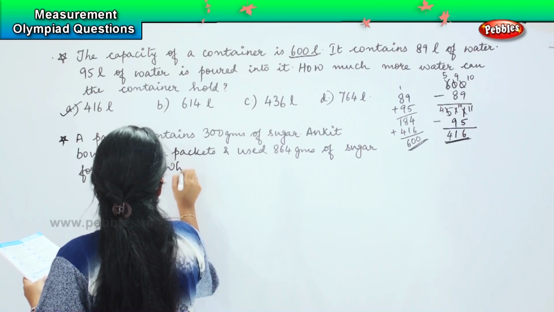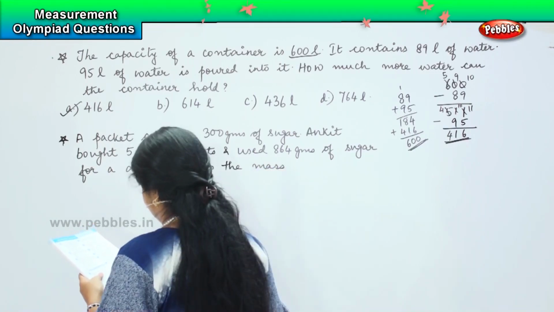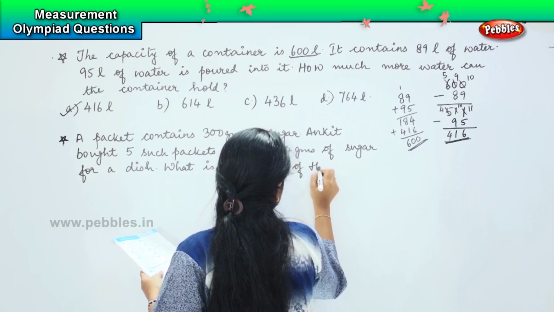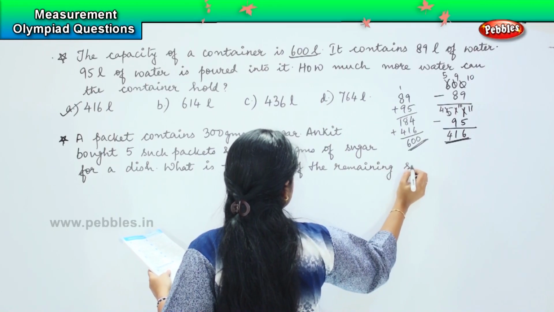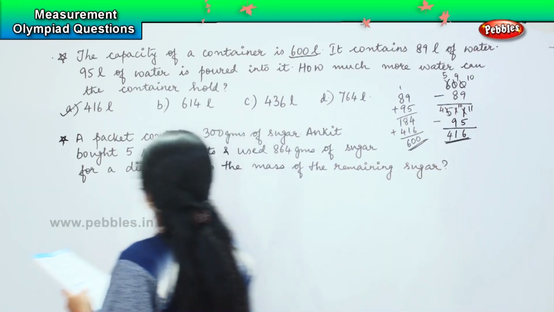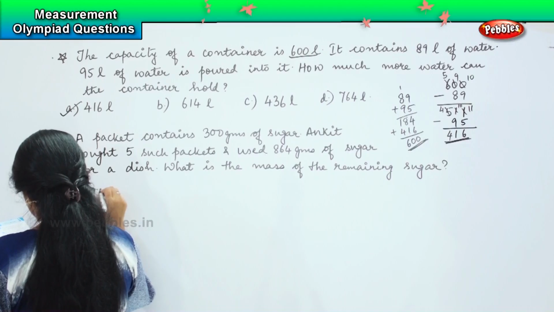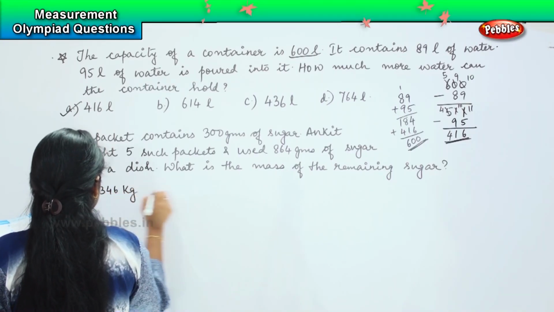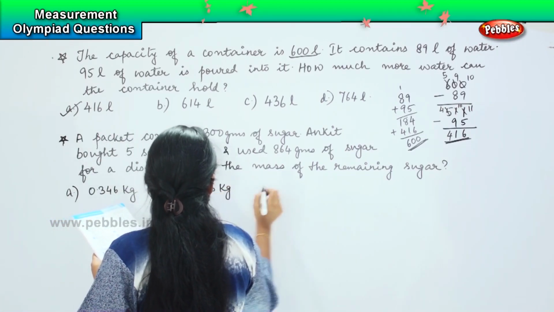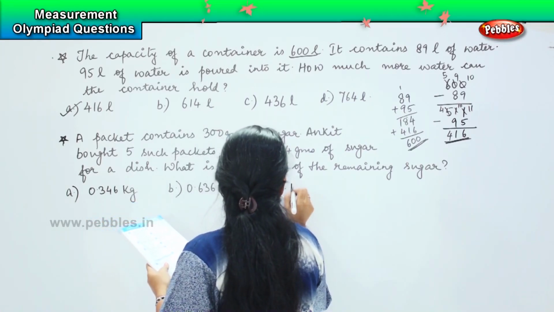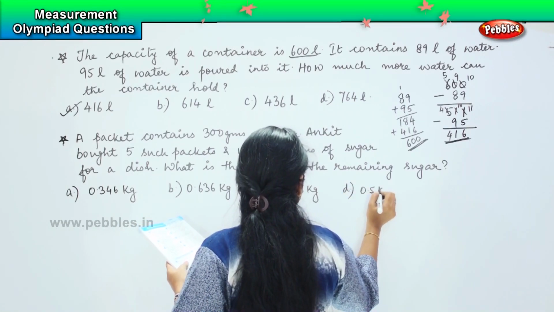What is the mass of the remaining sugar? The options given are A: 0.346 kg, B: 0.636 kg, C: 0.146 kg, and D: 0.5 kg.